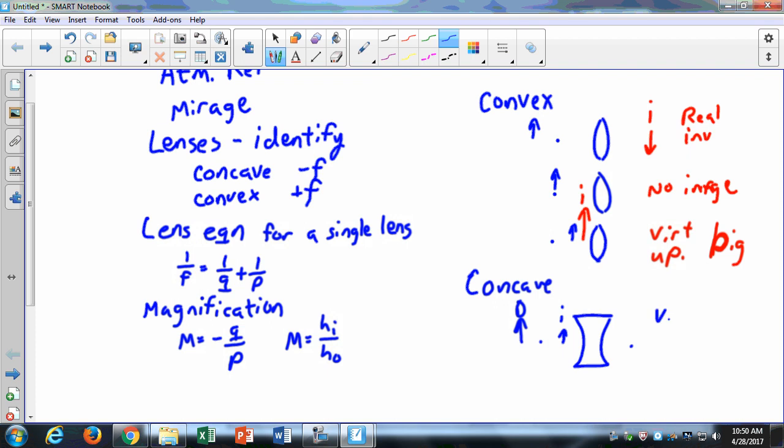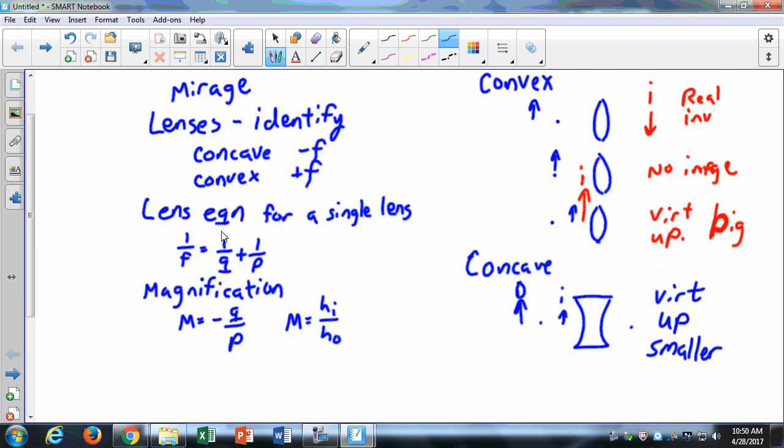It is a virtual, upright, smaller image. It's just like the convex mirror, the security mirrors. This looks identical to what we had for mirrors, except we were dealing with concave mirrors and convex mirrors. All right? You need to know those types of images.